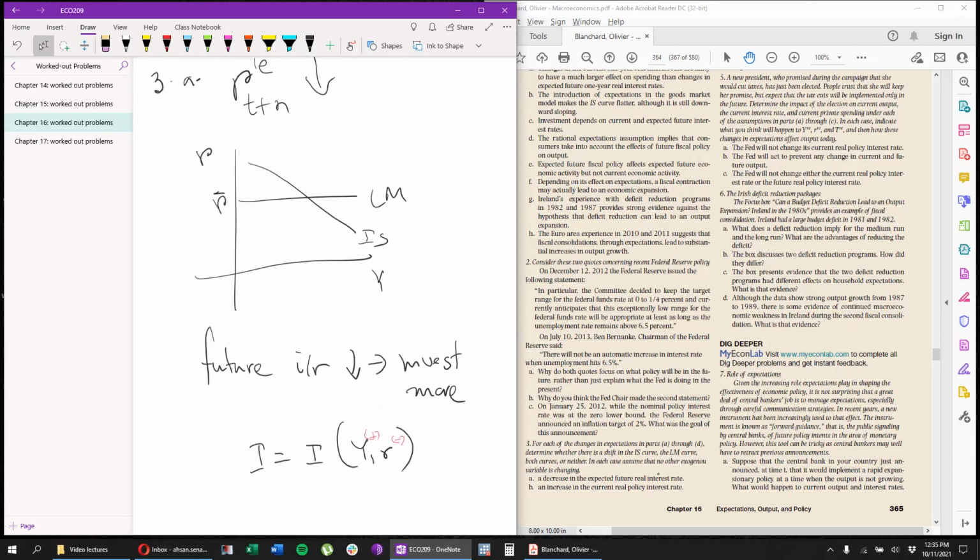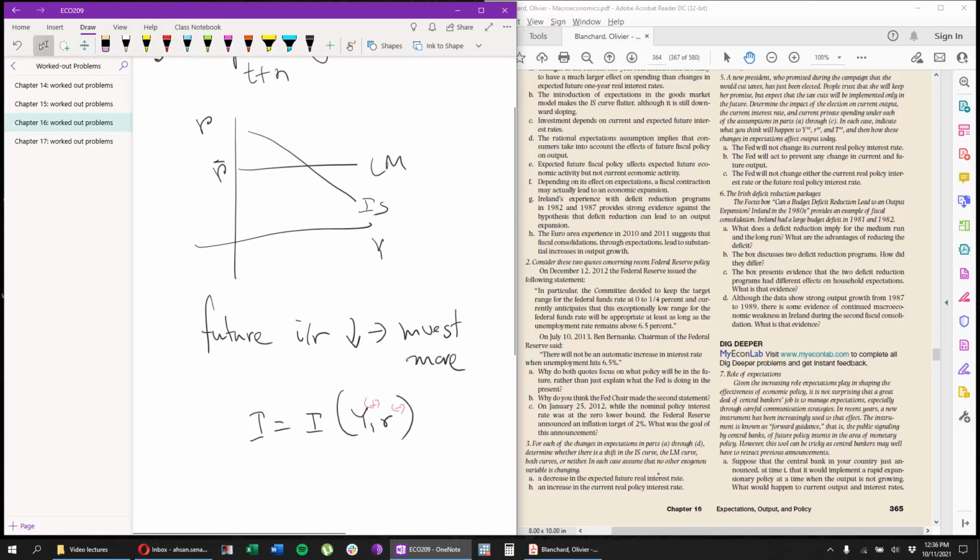Now of course we've added expectation into it. So investment will depend on this period Y, this period R, but also future expected Y and future expected R. And so the relationship, this is positive, this is negative, this is positive, this is negative.